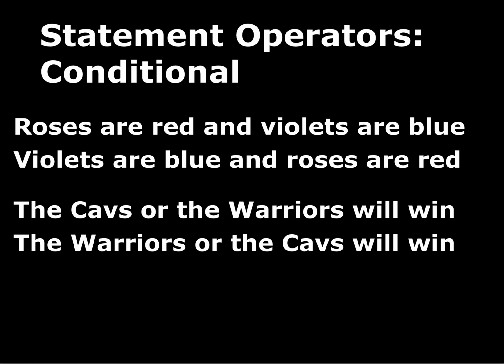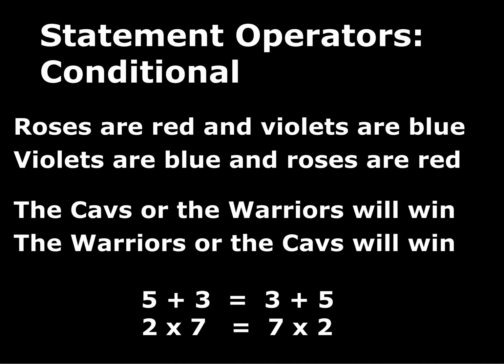Same thing with disjunction. You can switch the order without changing the meaning. So I could say the Cavs or the Warriors will win, or I could say the Warriors or the Cavs will win. So switching the order of the disjuncts in a disjunction also doesn't change the meaning. And in this way, conjunction and disjunction are like some of the arithmetic operators. So addition is also order invariant. 5 plus 3 is the same as 3 plus 5, and 2 times 7 is the same as 7 times 2.